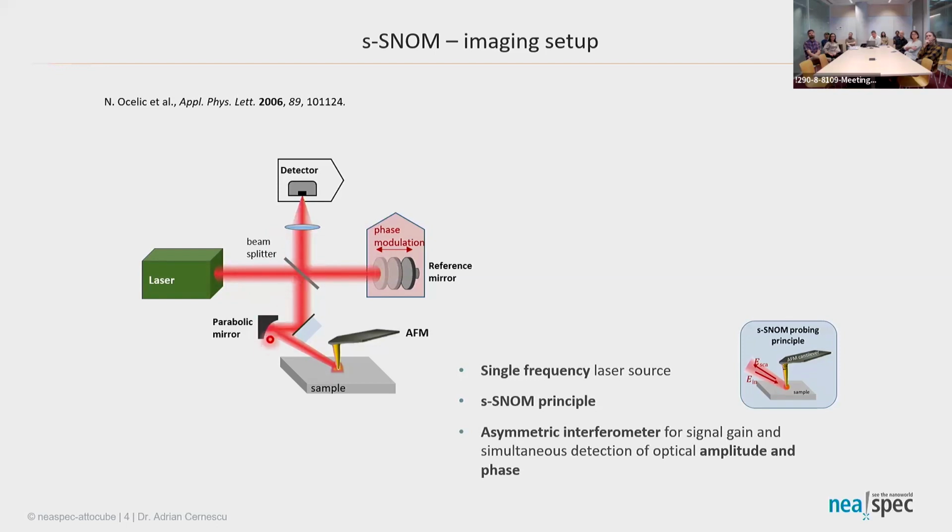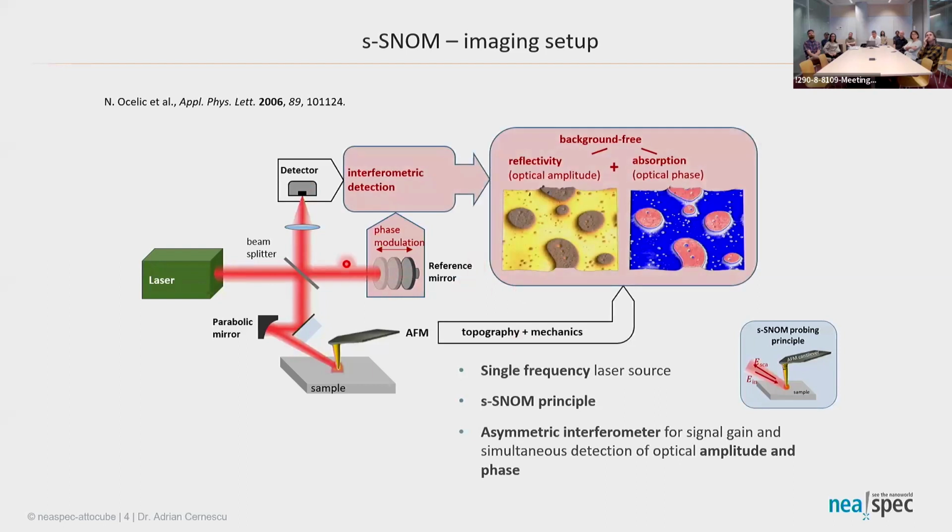Some of the light is focused by the parabolic mirror to the tip, and the same parabolic mirror collects the light and sends it to the detector. And here you have a reference mirror, the same as in a classical FTIR microscope. In this case, it vibrates, and it allows us to measure simultaneously not only the AFM properties, but also the optical properties of the material.